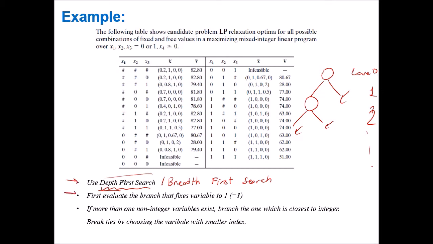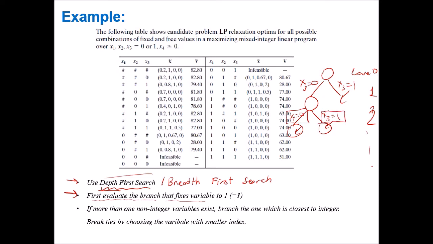Also, we are given some other rules. Sometimes in some questions we are given such rules. It says that first evaluate the branch that fixes a variable value to 1. Remember, in each one of these branches, we are branching one variable to 0 and 1. If there are two open nodes like this, in one side we are fixing its value to 0, in the other one we are fixing its value to 1.